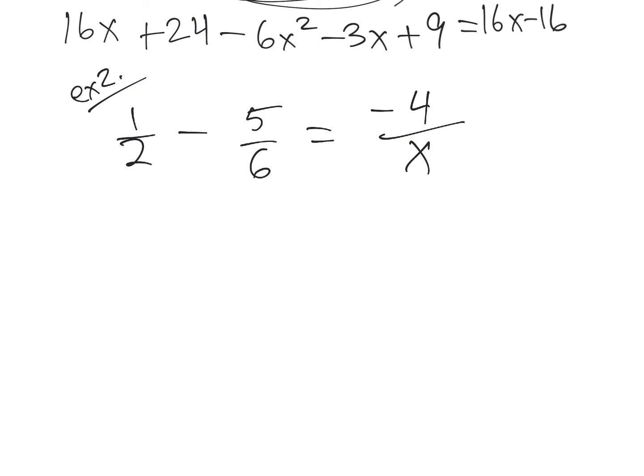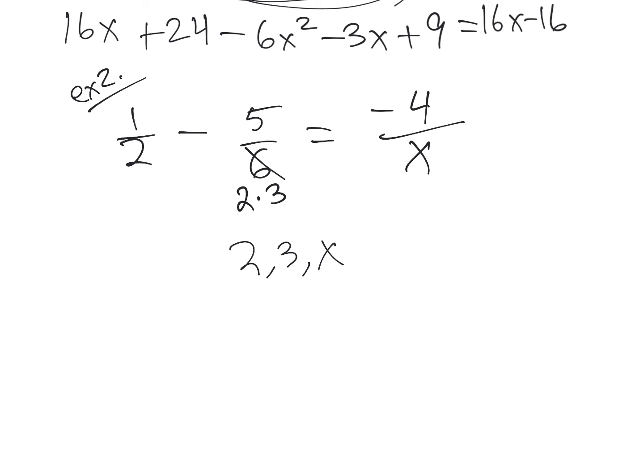So what are all your factors? Okay, so if you said 2, 6, and x, that's okay. But you should also realize that 6 is the same thing as 2 times 3. So you can do 2, 6, and x. It's okay. You're just going to have probably reducing to do later. So all our factors really are 2, 3, and x.